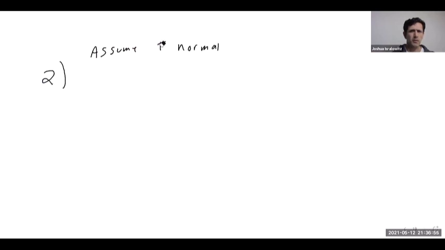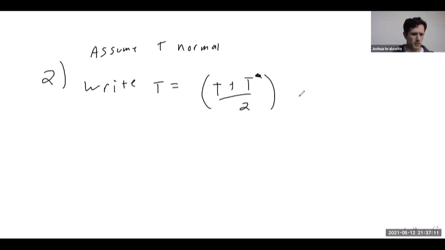So what I'm going to do is I'm going to write, this is often called the real and imaginary part of an operator T. It's going to be T plus T star over 2, plus I times T minus T star over 2I.